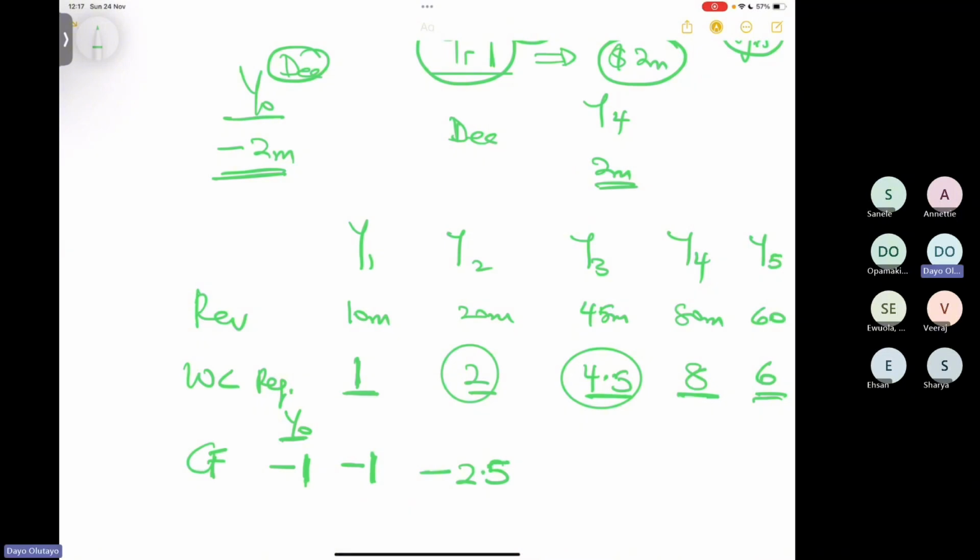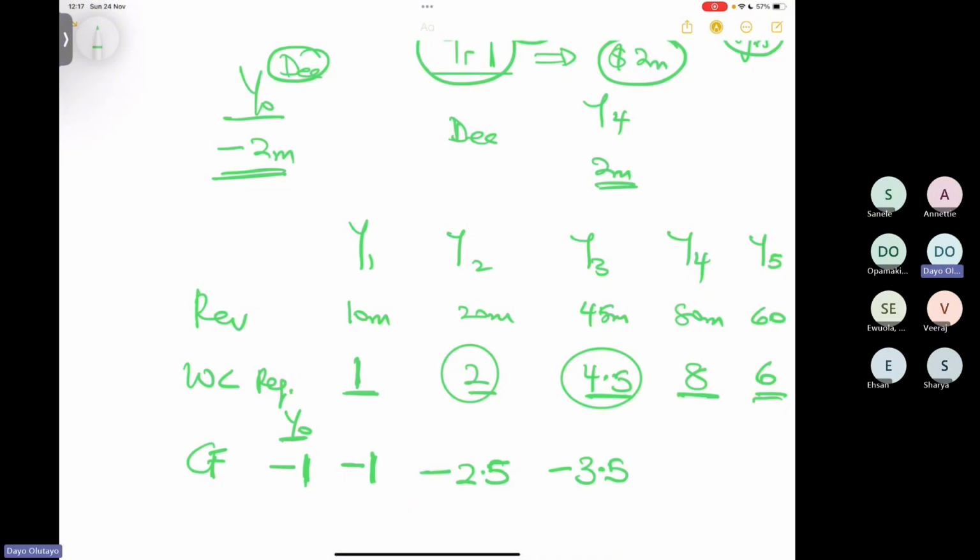Then in year 3, we need to buy what will make us ready for year 4. For year 4, we need to begin with 8, and we're ending year 3 with 4.5. So we need to buy another 3.5. And for year 4, we need to be ready for year 5. In year 5, we need 6.